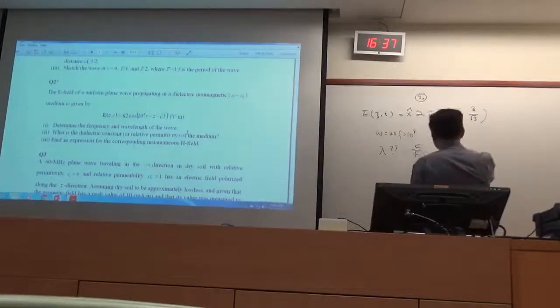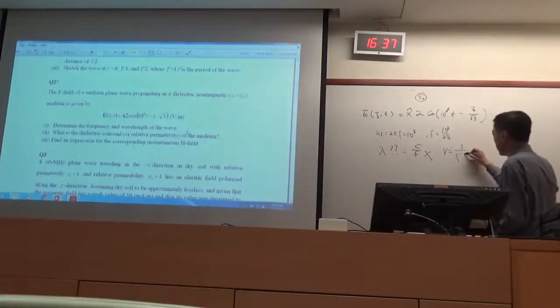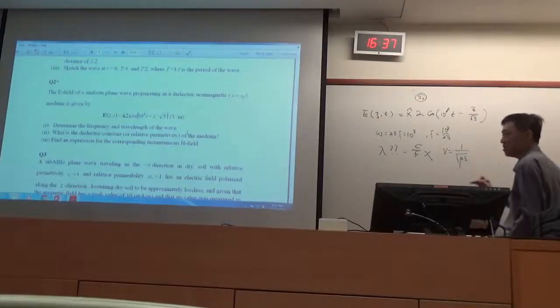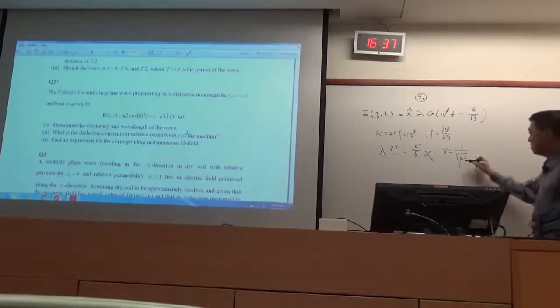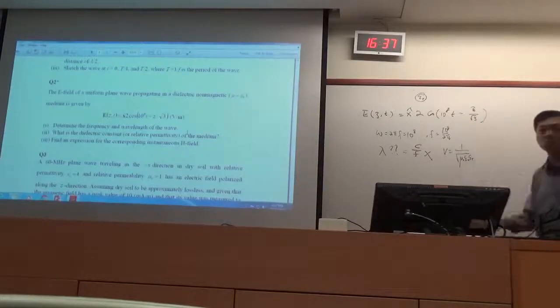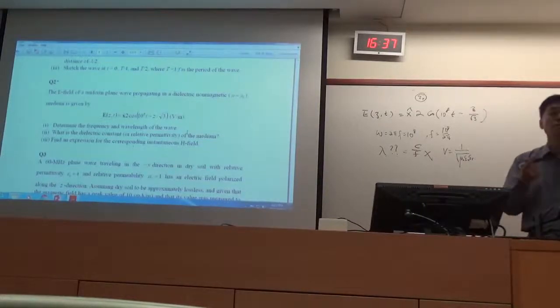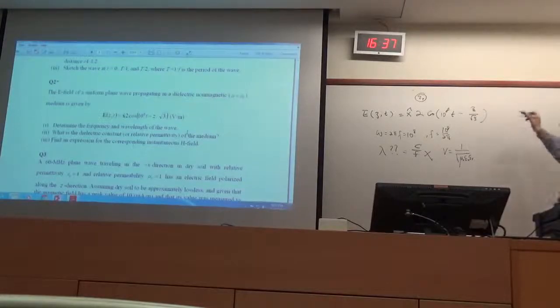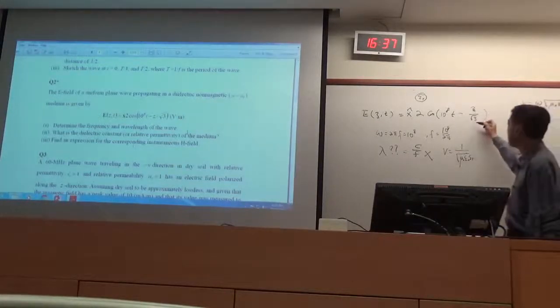I know v is equal to 1 over square root of mu epsilon. Mu is mu naught, epsilon is epsilon naught epsilon r. I do not know epsilon r, so how to do it? But remember, we can't run away from these few equations. And you know k.